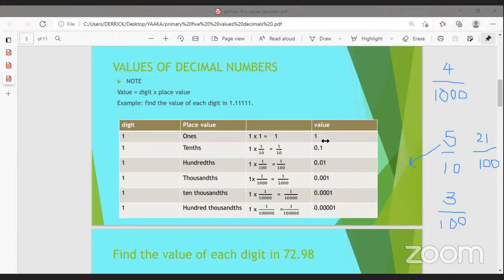Then Shamad, which number are you handling? 3 out of 100. Okay. Now let's have the answers from each one of us. Lynette, we are starting with you. Yours was 5 out of 10.